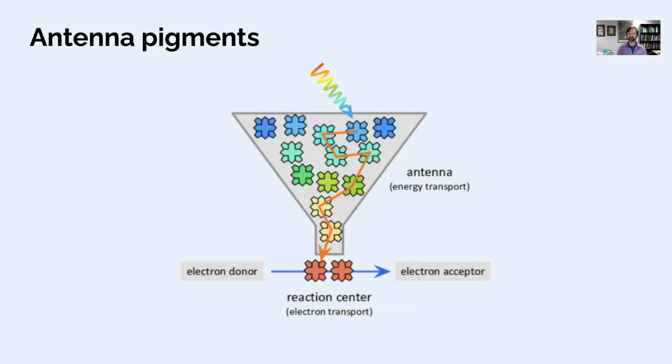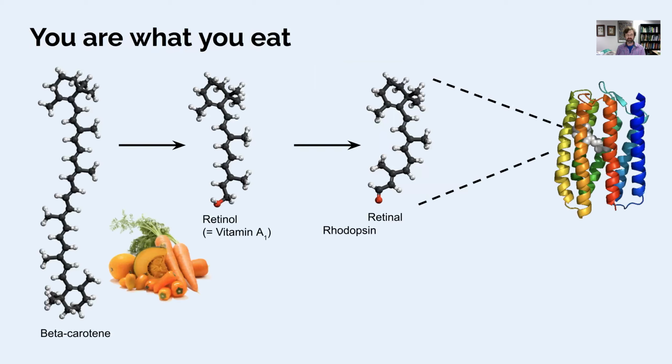So by using antenna pigments, plants can absorb colors that are not immediately useful to chlorophyll A, but then those molecules can pass on the energy to chlorophyll A. So it increases the amount of energy that can be made for every amount of light that shines on a plant. So a little interesting connection, I think.